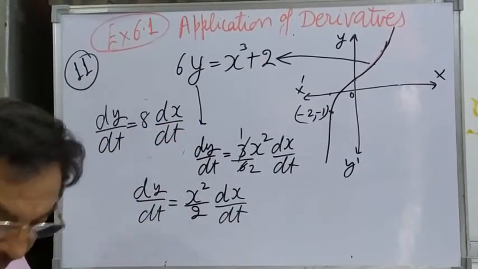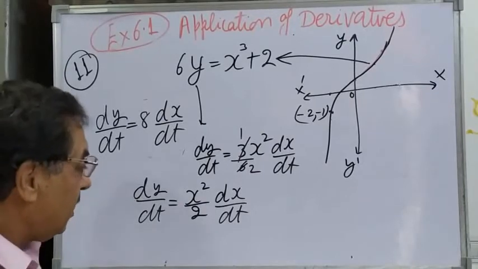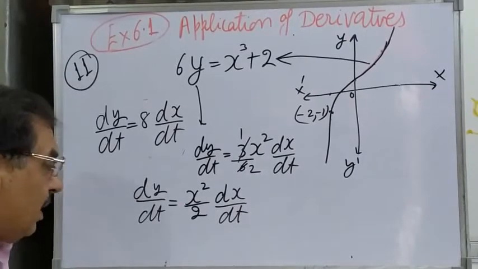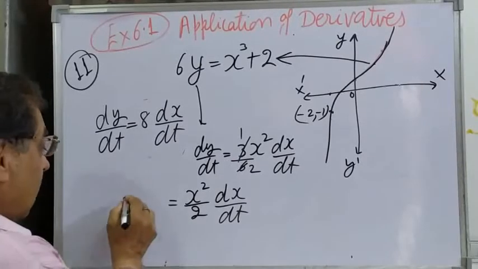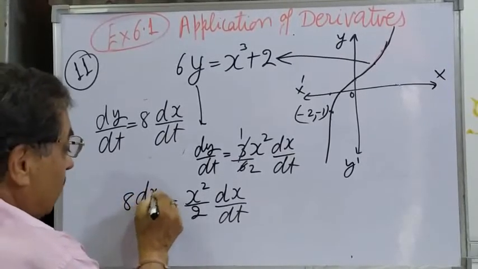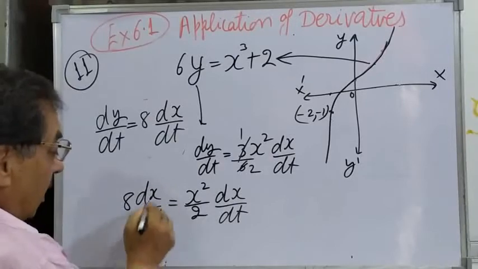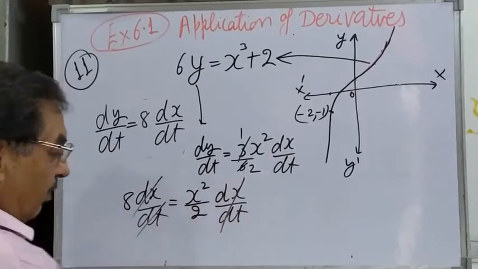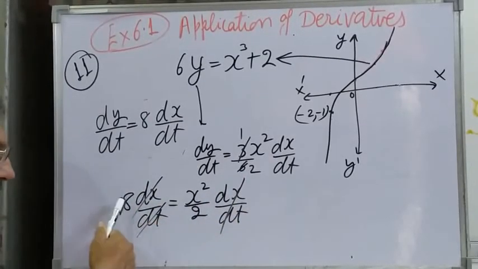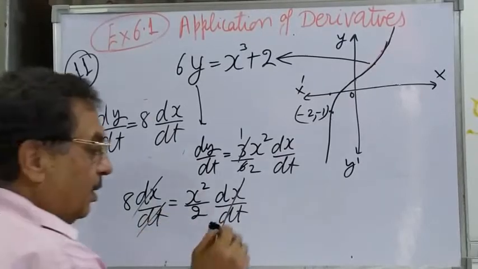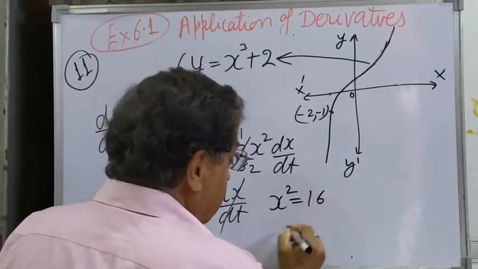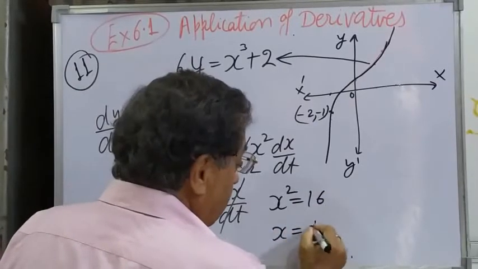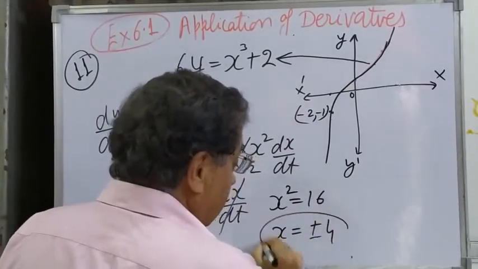So this dy by dt can be written as 8 times dx by dt. And dx by dt gets cancelled from both sides. So we are left with 8 is equal to x square by 2, or x square is equal to 16, or x is equal to plus minus 4.